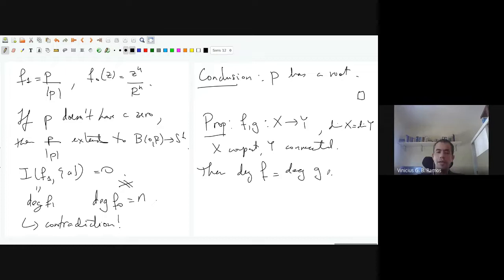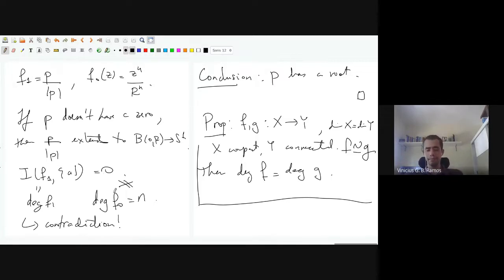Oh, I forgot to say the most important condition, which is that f is homotopic to g. Okay, so it's obvious because we already know that the intersection number is invariant under homotopies if you fix the same submanifold.